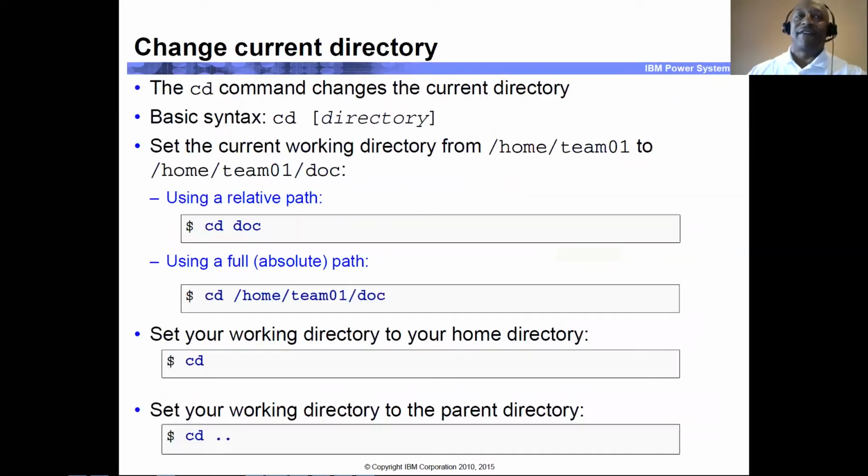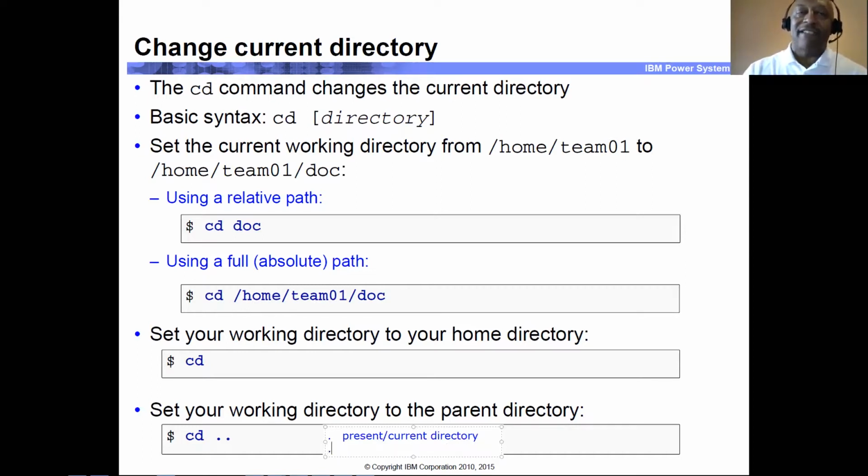All right. Now, they show us here the dot. Remember, every directory has at least two files in it: dot and dot dot. So even though that's not our intent right now, we'll identify what the dot and the dot dot always mean within AIX. The dot always represents the present or current directory.